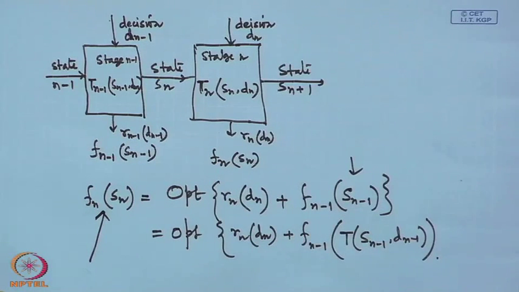This principle says that whenever we are in the current state, it depends only on the information about the current state, that is how many state variables there are and how many alternative decisions we can take in that stage, and not only that, we also need the information about the optimal solution of the previous stage.